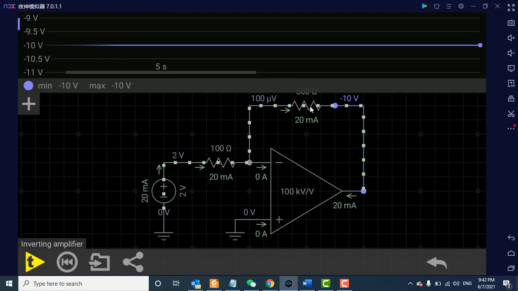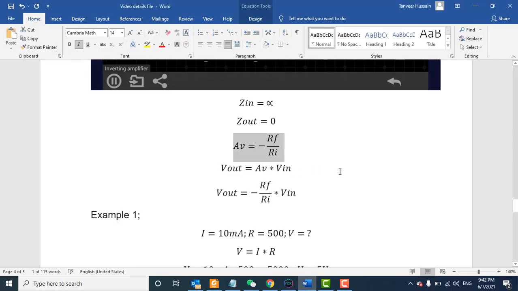Basically the amplification gain is equal to the ratio of RF by R in. And V out is always equal to the gain times V in. The gain is, as I told you, RF by R in, and it also has a negative value. Negative is just because of the direction of current flow.